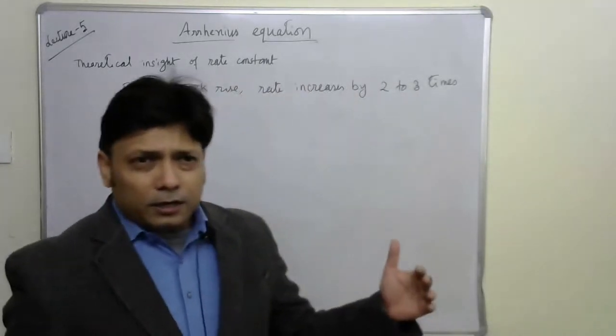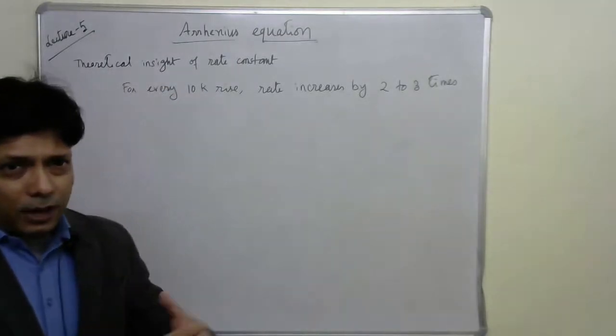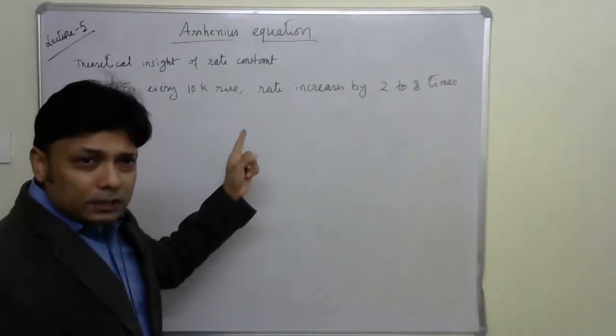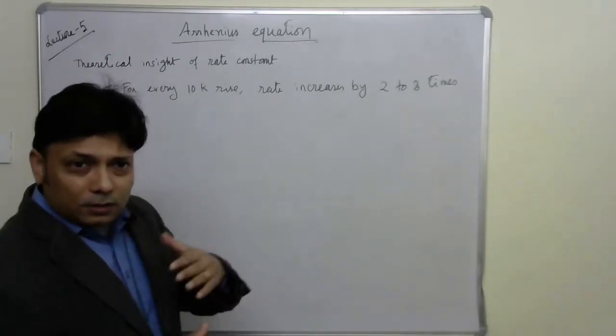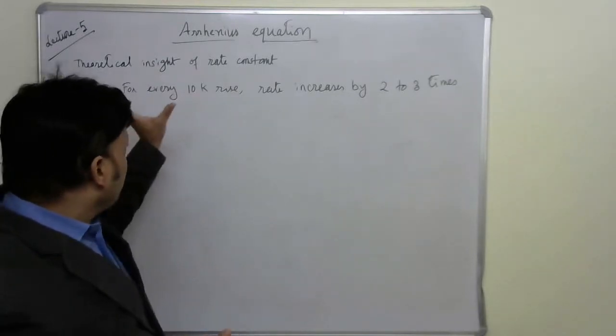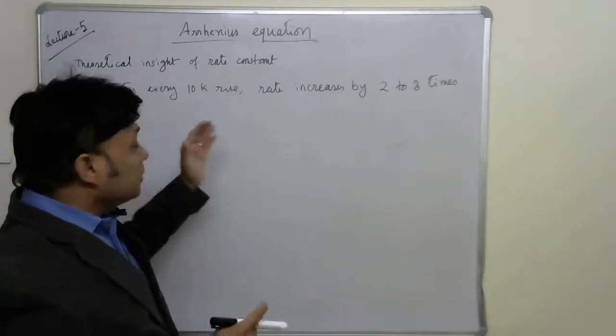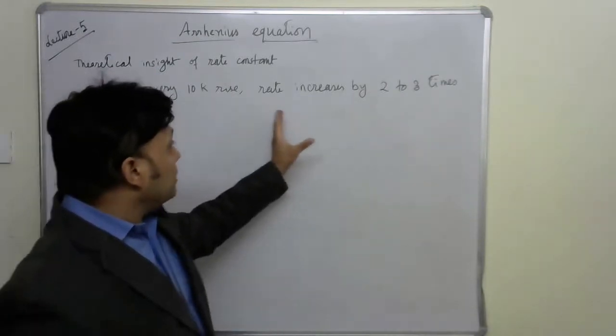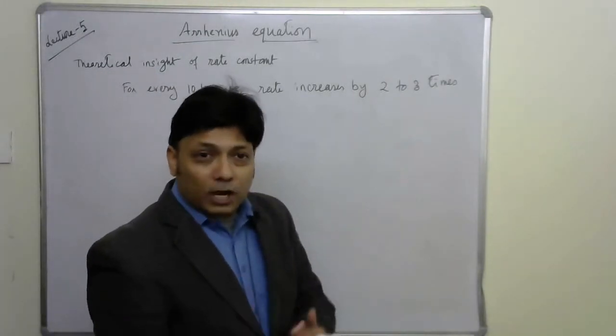So in earlier days, like in the 19th century, people observed that if we increase the temperature of a chemical reaction by 10 degrees, the rate increases by 2 to 3 times.